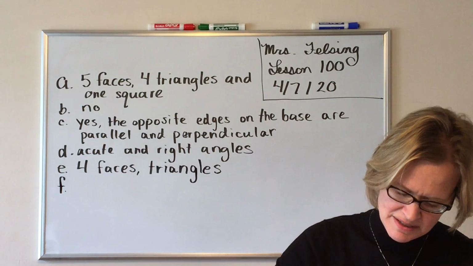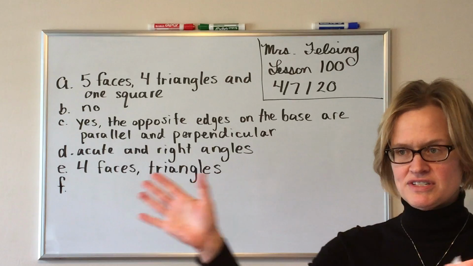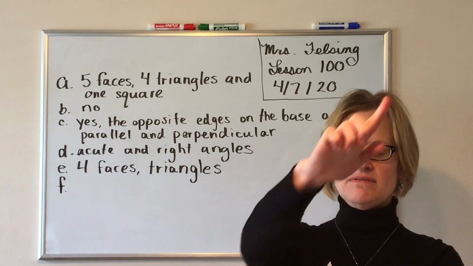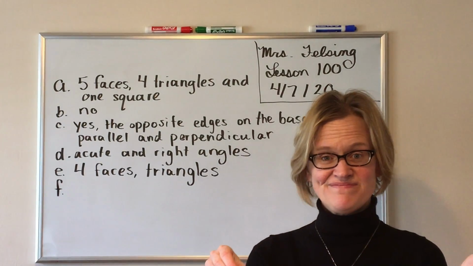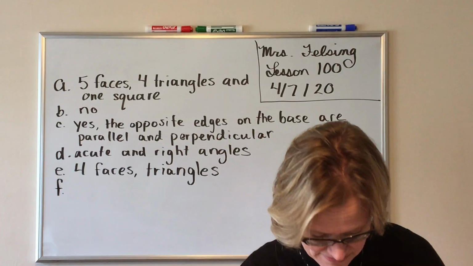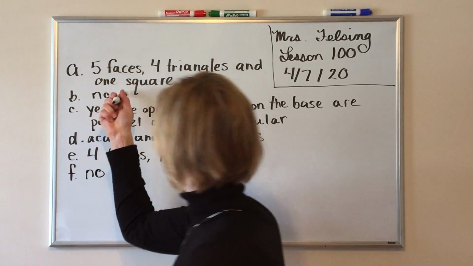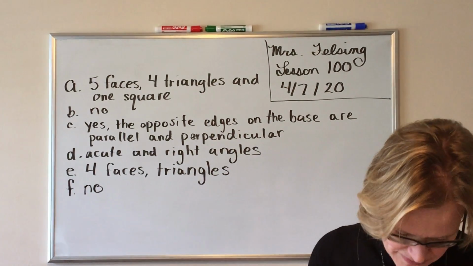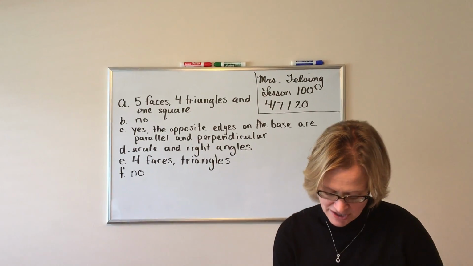F, does the pyramid have any parallel faces? Now remember, parallel doesn't run into each other. And as I'm looking, these all go in. No, there's nothing. Which is interesting because that's very similar to our pyramid that we did earlier. Then we look at letter G. Does the pyramid have any parallel or perpendicular edges?